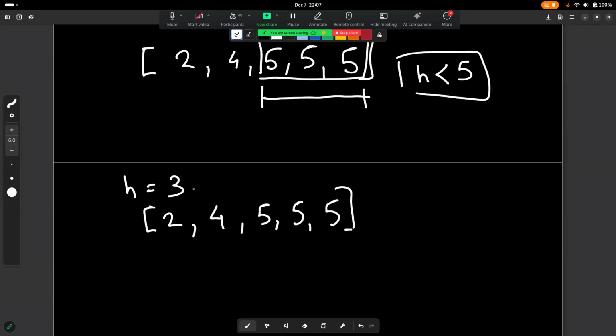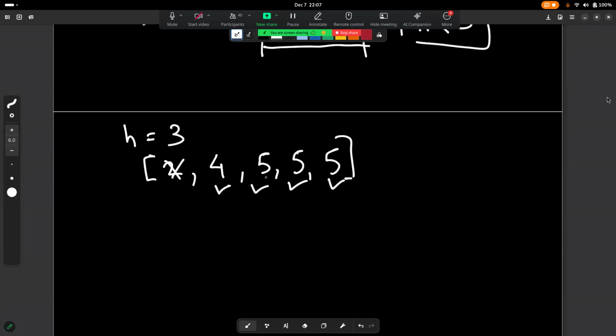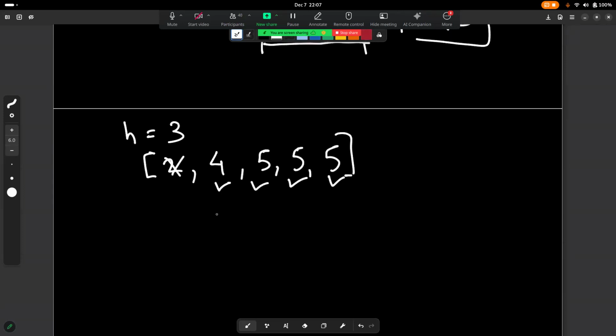And which elements are strictly greater than 3? Well, 2 is less than or equal to 3, so 2 is not strictly greater than 3. 4 is strictly greater than 3, 5 is strictly greater than 3, 5, 5, and 5. Now, over here, we have two unique elements which are strictly greater than 3, that is 4 and 5. So 3 is not valid.